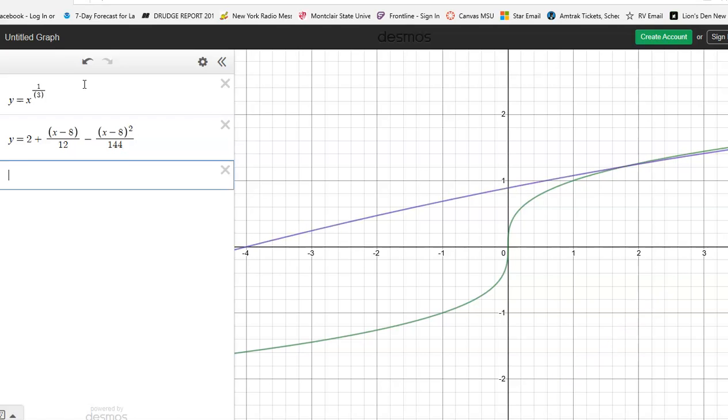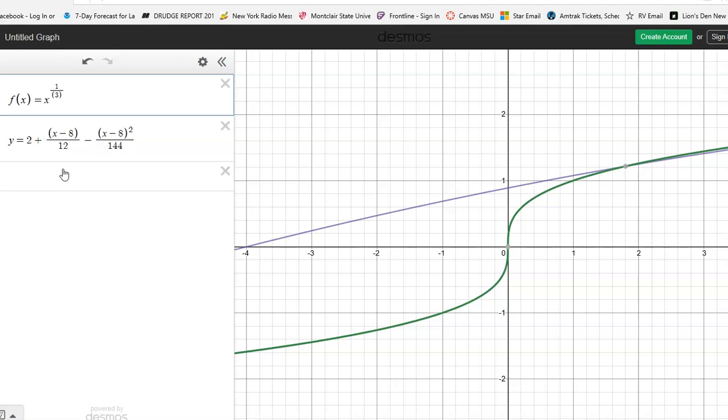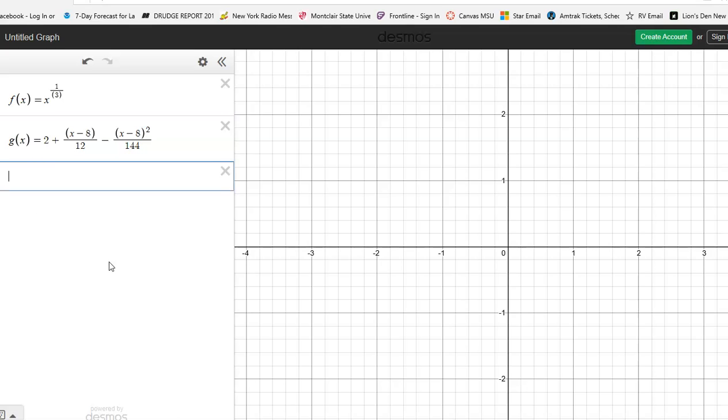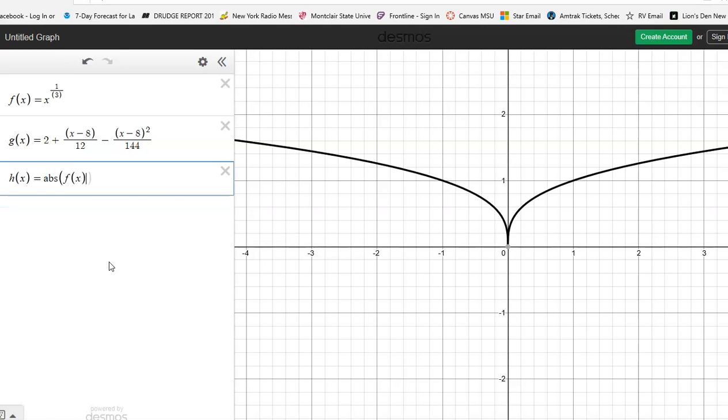Okay. Down the bottom, actually, let me call this f of x. And I'm going to call the other one g of x because then it makes it a lot easier. Let's deselect these two things. And down the bottom here, I'll write h of x equals the absolute value of f of x minus g of x.